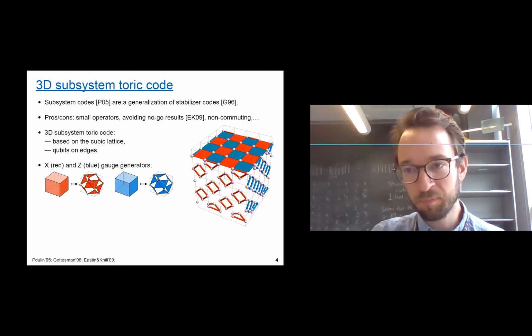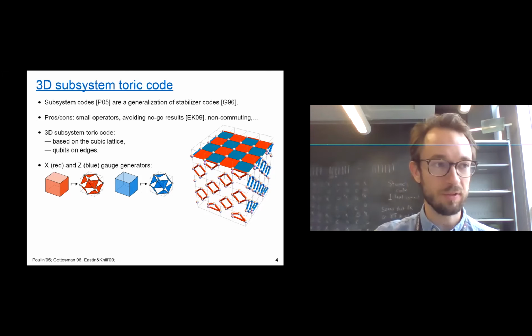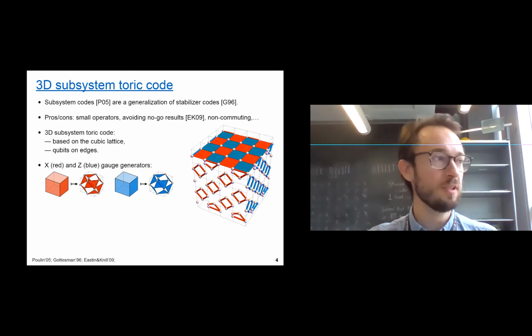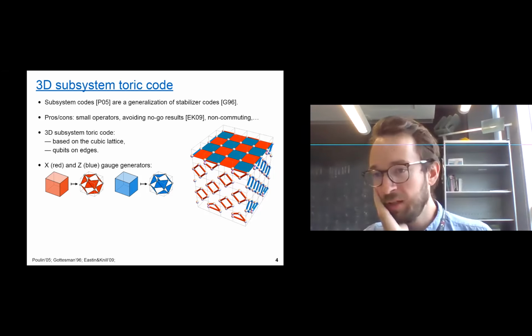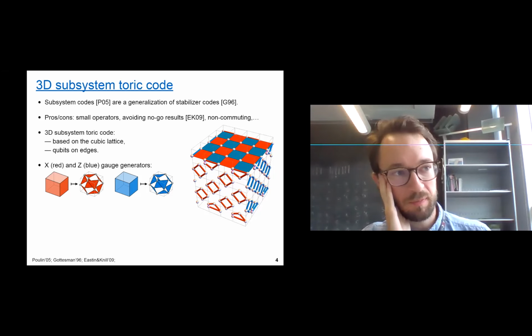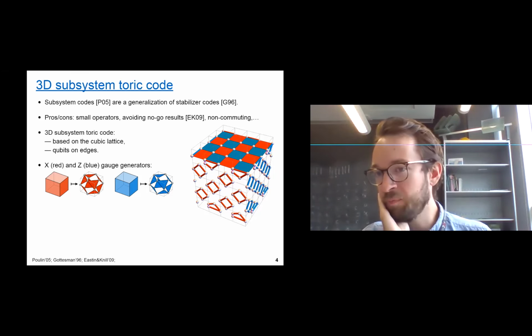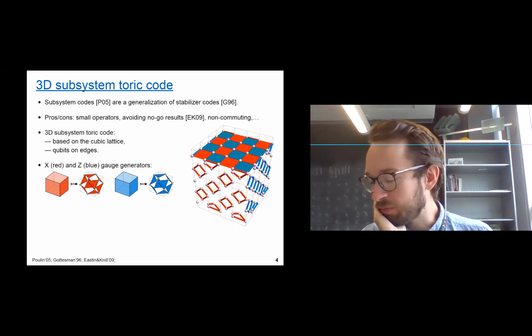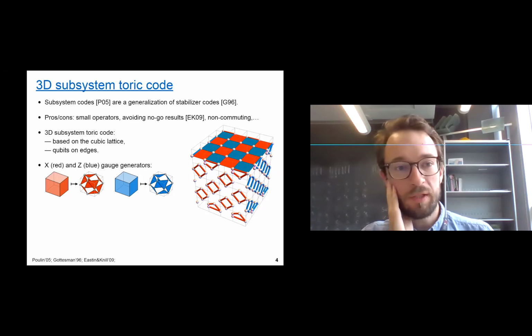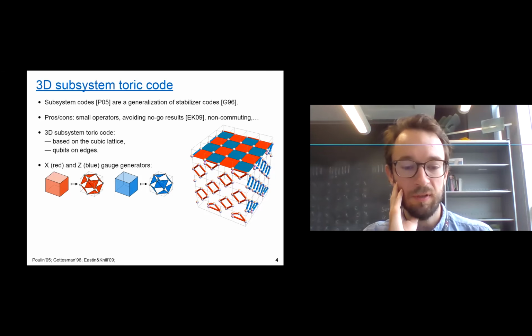I can talk about how we constructed these boundaries, because we're using this picture here, but the way we found it is when you consider various toric codes on 3D lattices, there's one that I was looking at at some stage.